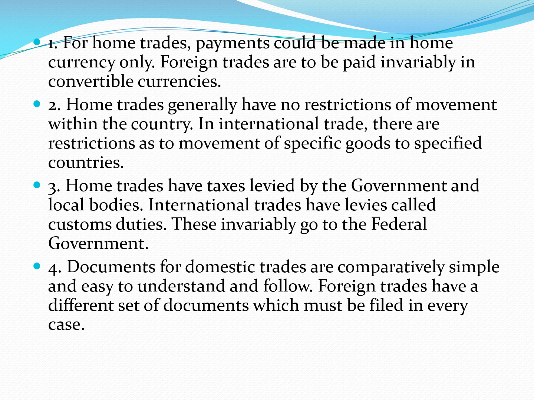So the government and local bodies collect taxes on home trade. In international trade, they also levy tax, but those taxes are called customs duties. These invariably go to the federal government. So customs duties are to be paid to the federal government.